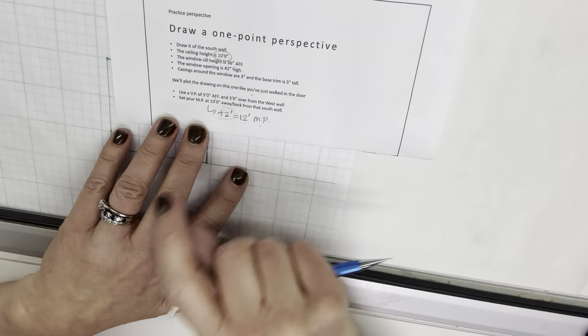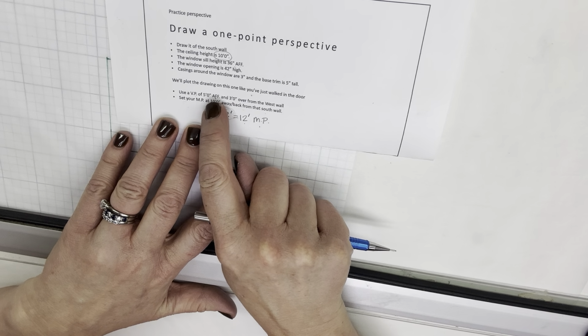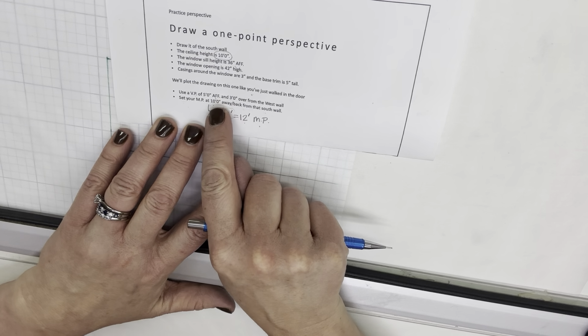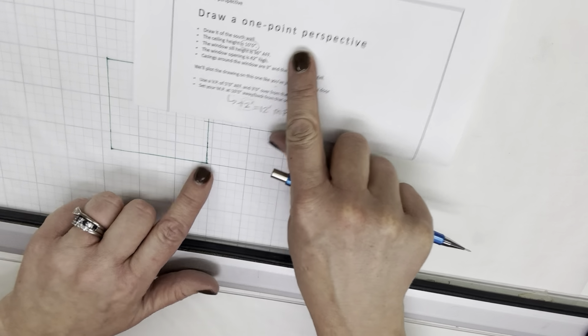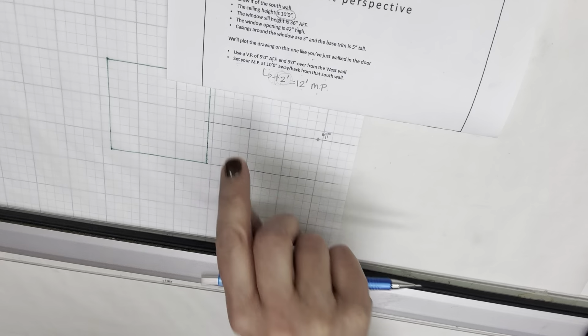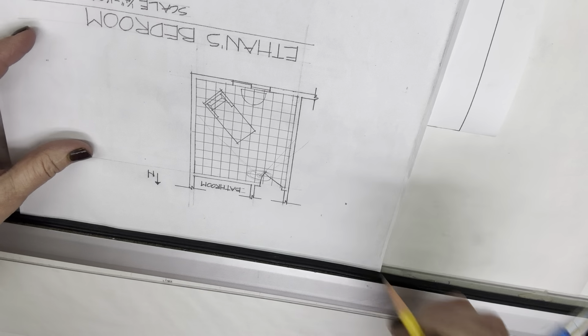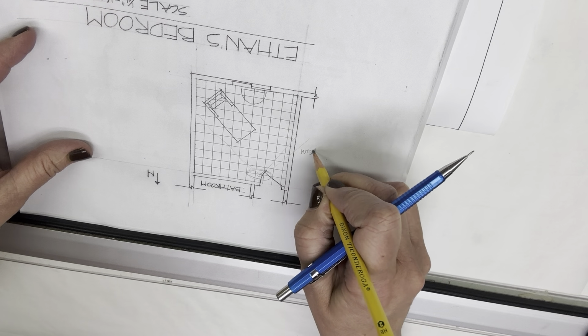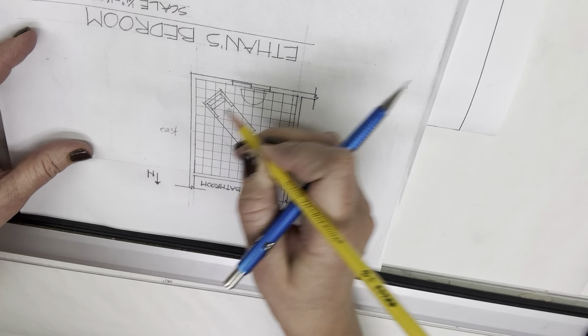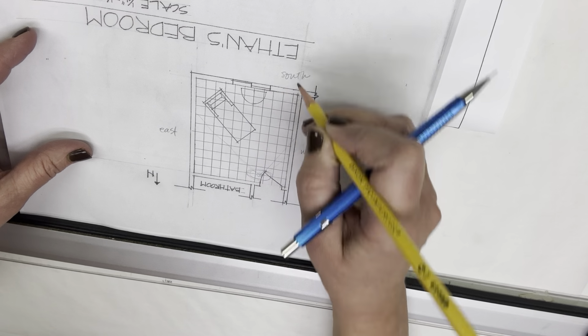It says that the VP is going to be 5 feet above the finished floor, and 3 feet over from that west wall. So remember, this was our west, this was our east, and this was our south. So I'm going to look at 3 feet over.